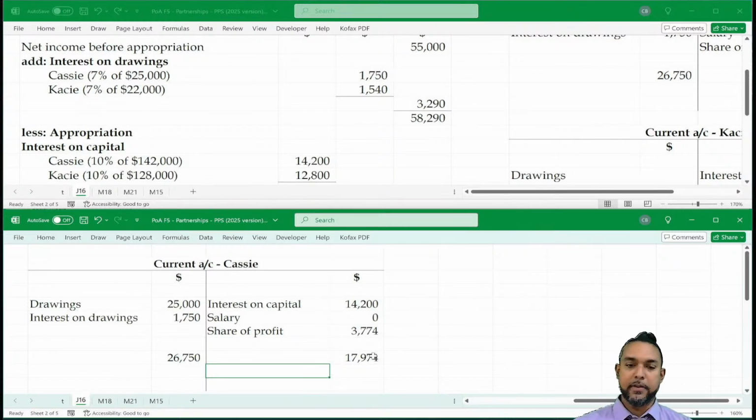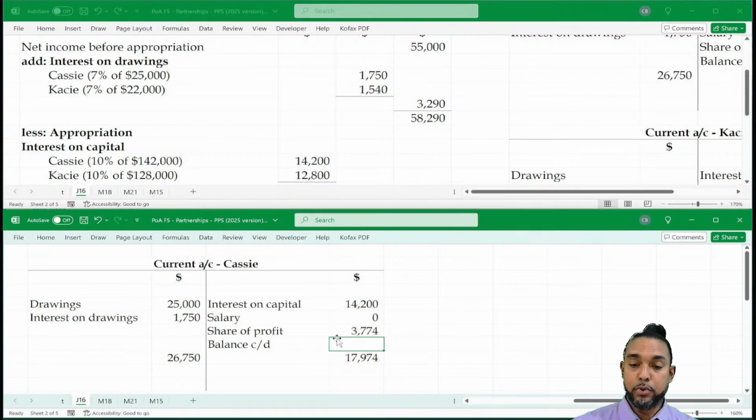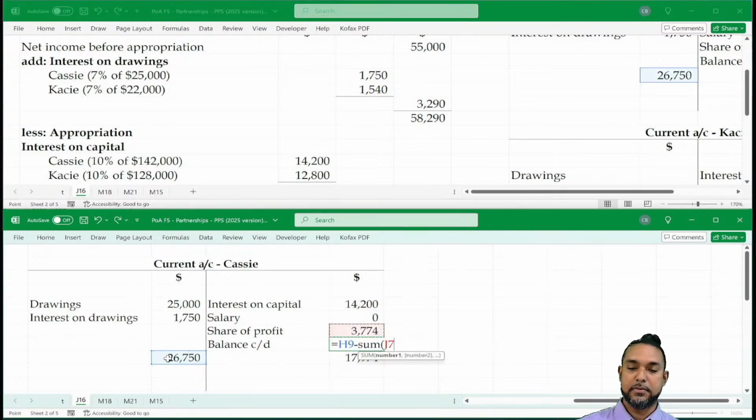Oh, very good. Lovely. So the debit side is the bigger total, which means the balance has to be carried down from this side here. How do we find that balance? Well, we simply find the difference between these two totals. So that'll be equal to this minus the sum of that. Right, 8776.